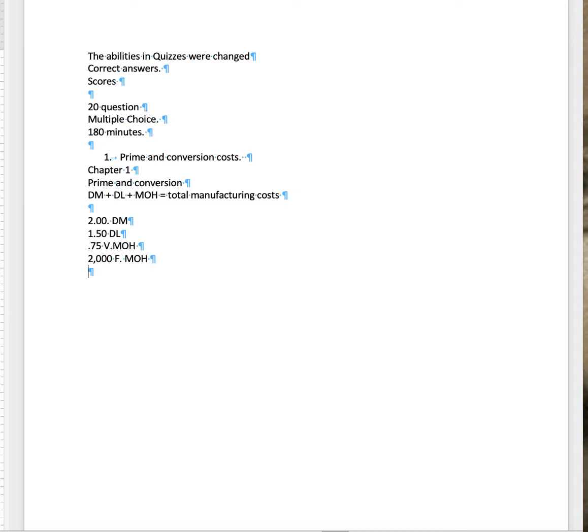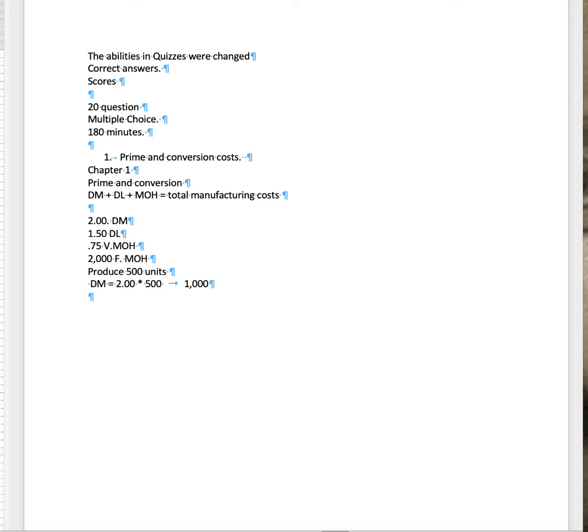And they tell us we produce 500 units. Well, what's our total direct material? Total direct material is the $2 times the 500 units that we produce, and if my math's right, that gives me $1,000.